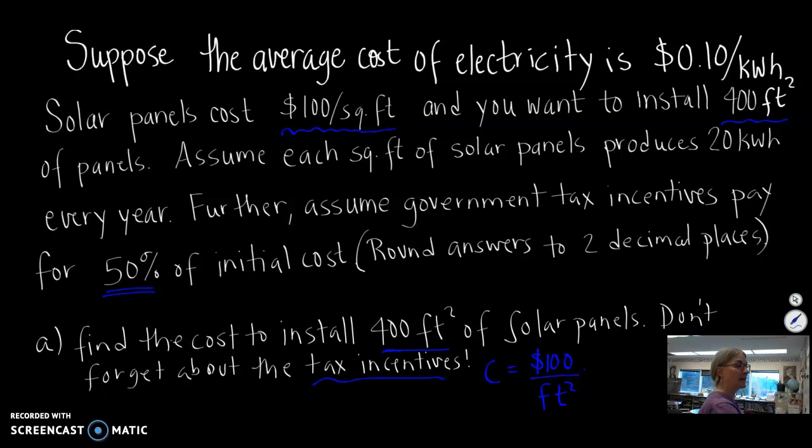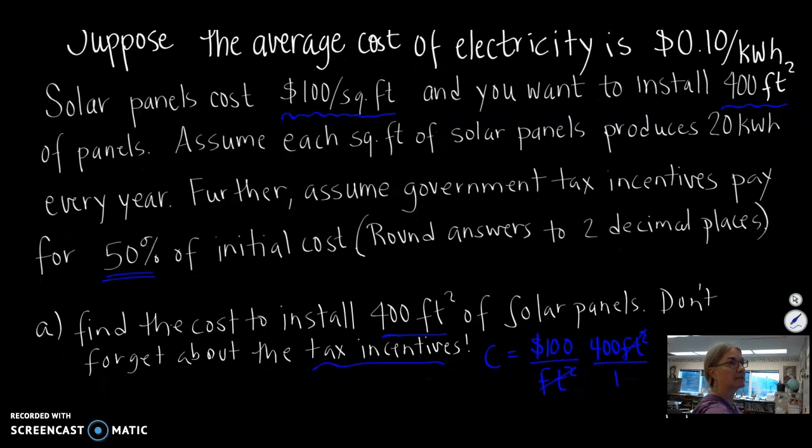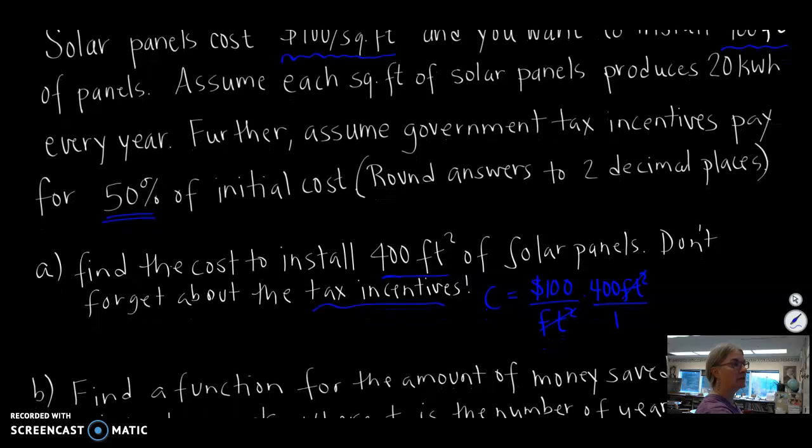I'm going to multiply that by 400 square feet. Put that over 1, and notice that the square feet cross off because one's on the top and one's on the bottom, dimensional analysis. So you end up with a cost of 100 times 400, which is 4 with 4 zeros. That's $40,000.